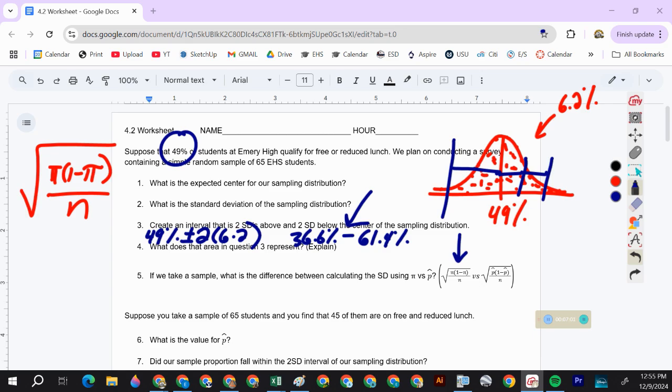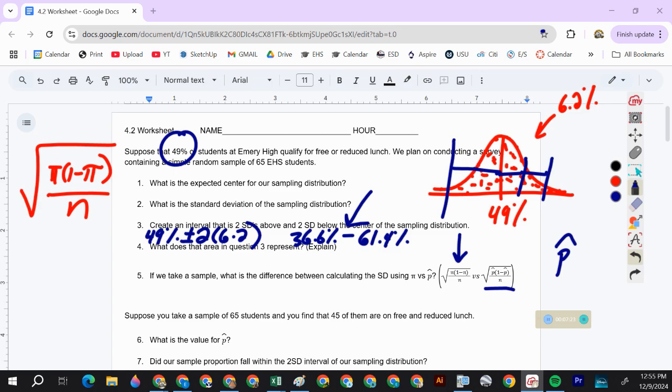Okay? So, if we take a sample, we are going to get a p hat. And we are going to use this formula to calculate the standard deviation of that sample. And what do you notice? It's the exact same formula. But these numbers have different names.